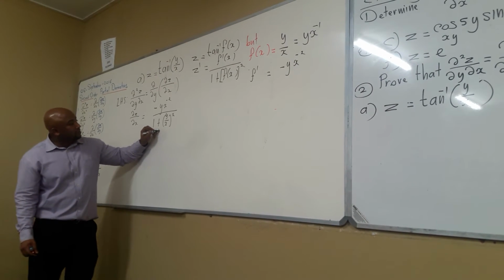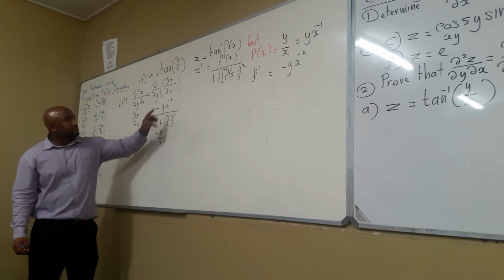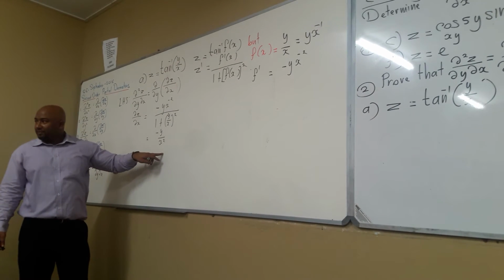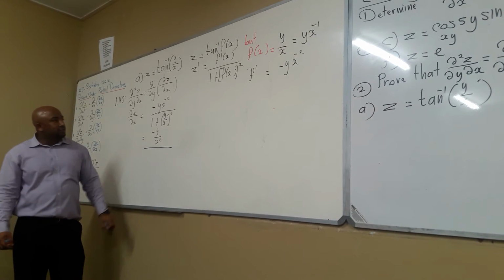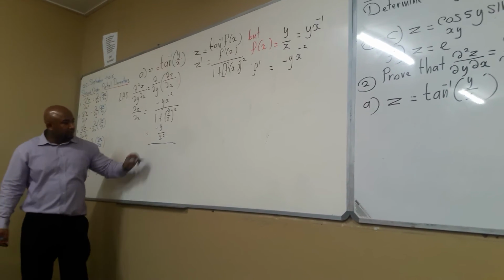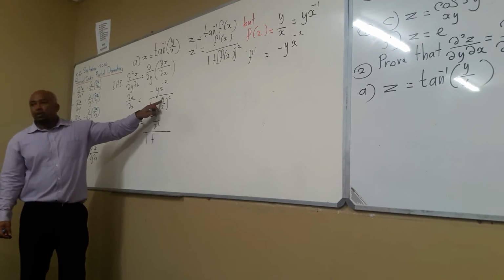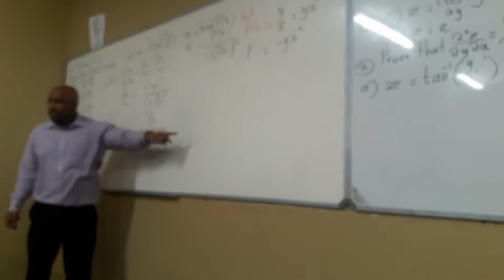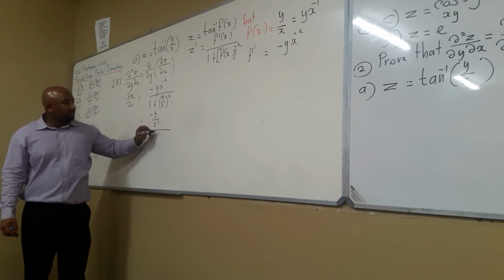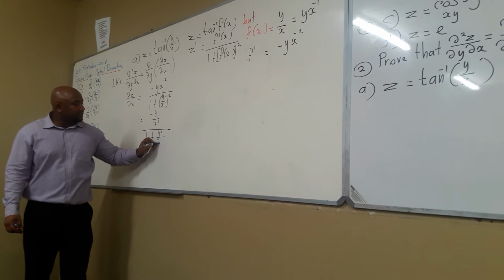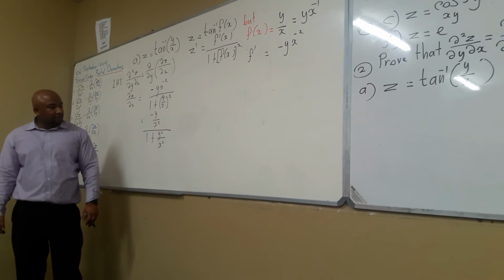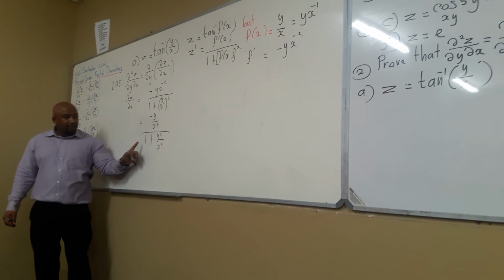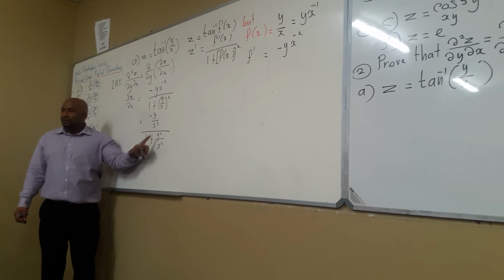So we got minus y over x squared, exponent law there, make my exponents positive. Right, so here now, we got 1 plus y over x all squared. It will be y squared over x squared. Okay, so now I got 1 plus y squared over x squared.